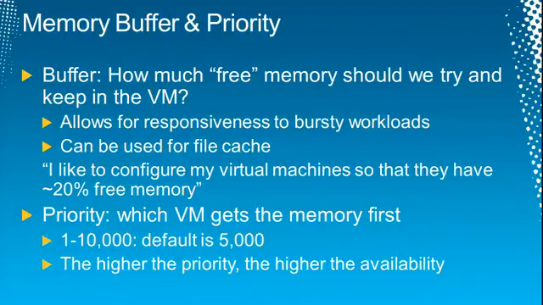I believe the setting is between 1 and 10,000. It is. And our default is obviously right in the middle. We have the same concept now with dynamic memory. If ever two virtual machines are in contention for the same memory resources, the host will give that memory to the virtual machine with the higher priority. Obviously, in the slider and the UI, it's not so granular that you can go from 1 to 10,000, but through the API, you can set that, or through scripts as well.